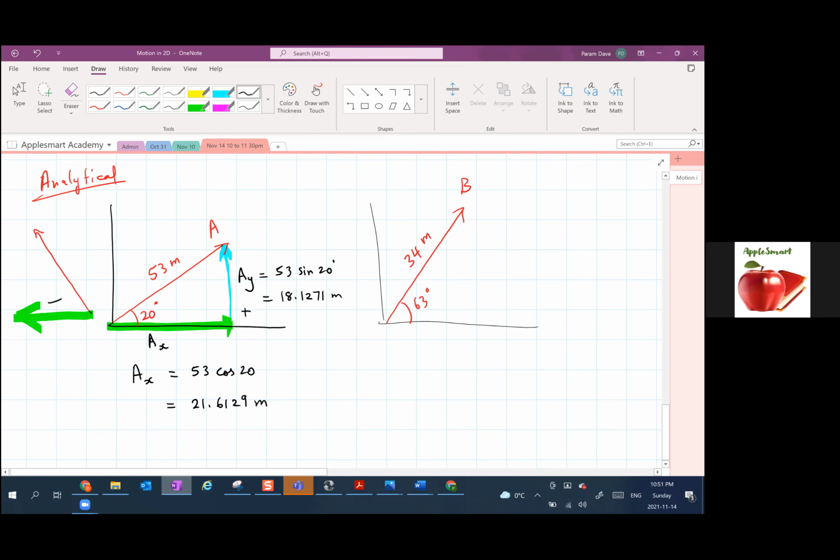Okay, so what we found out is AX and AY for vector A. We're going to repeat the process for vector B, and this time we can be faster, folks, because it's the same method.